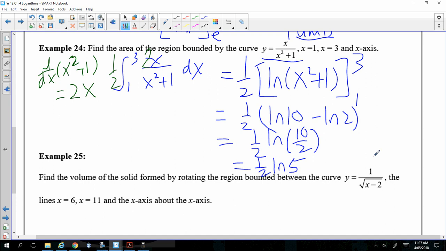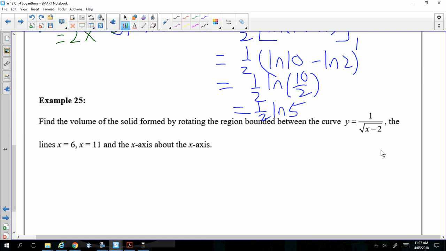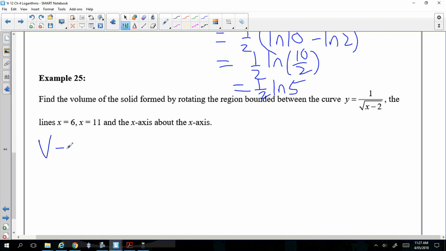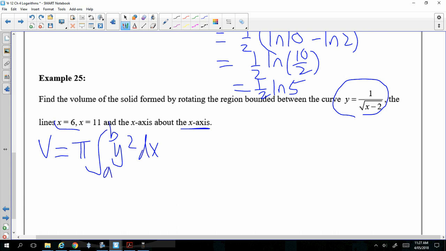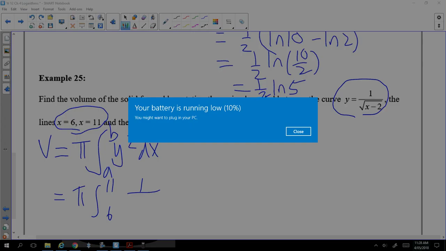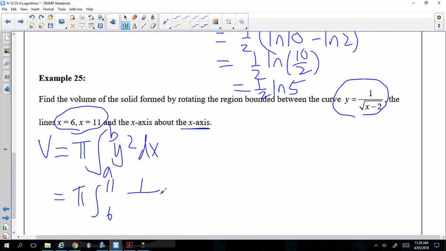There's a formula: pi times the integral of y squared dx from a to b, because that's the volume of the solid formed by rotating the curve about the x-axis between these two points. So we write pi from 6 to 11, squaring the function, root of x minus 2, squared, dx. Then you can work it out.